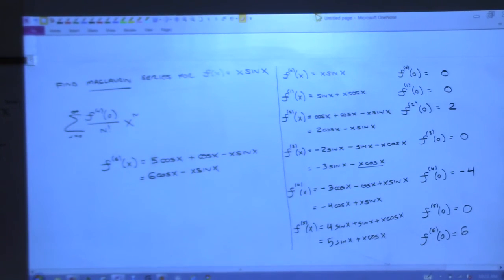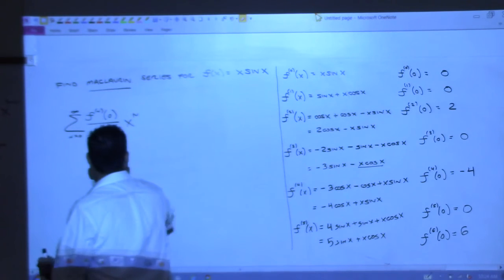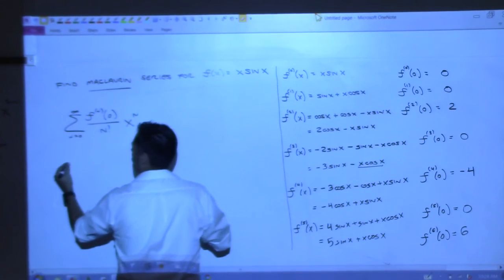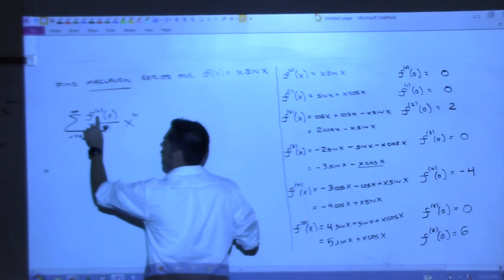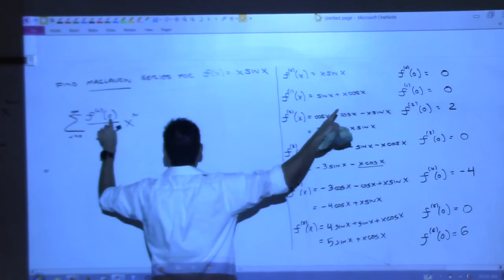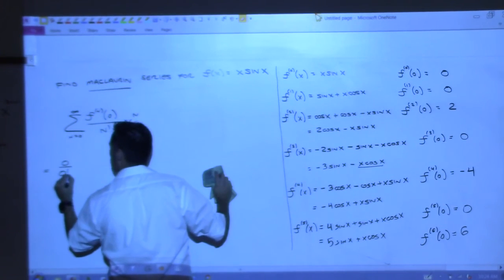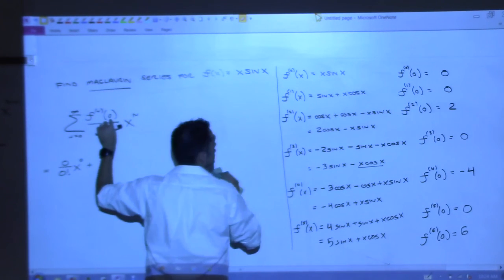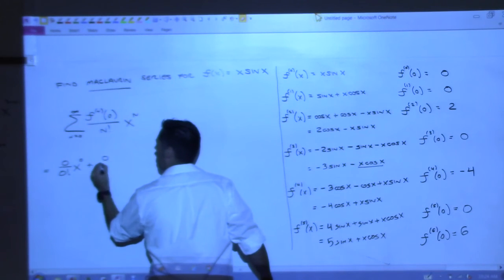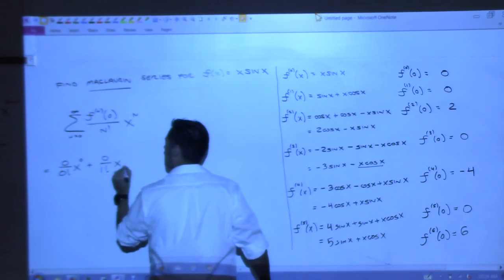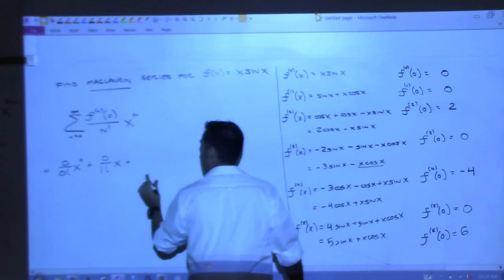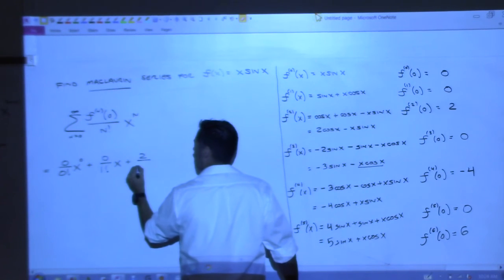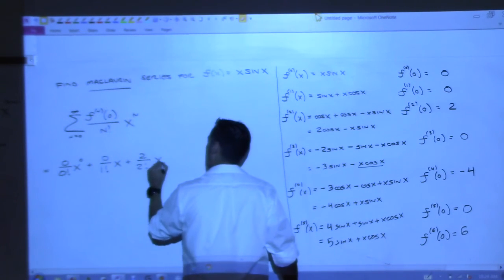All right. Now, let's go ahead and start writing this out. If I write out this sum, what was the zeroth derivative at 0? 0 over 0 factorial x to the 0. Plus, what was the first derivative at 0? 0 over 1 factorial x. Plus, next one, 2 over 2 factorial x squared.